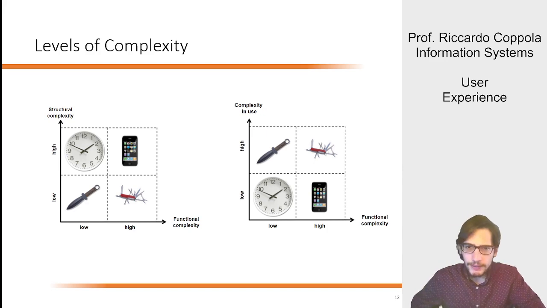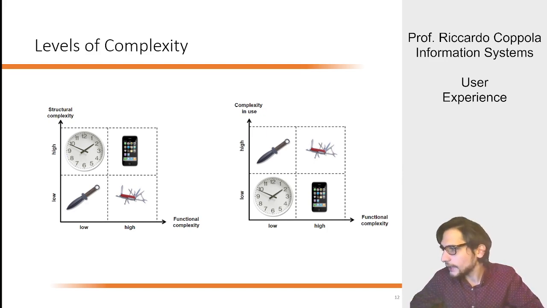On the other hand, if we consider the clock and the smartphone, even though they have a very high structural complexity, they are created to be very easy to use. It is super easy to use a clock, and everyone can by now understand how to use a smartphone.